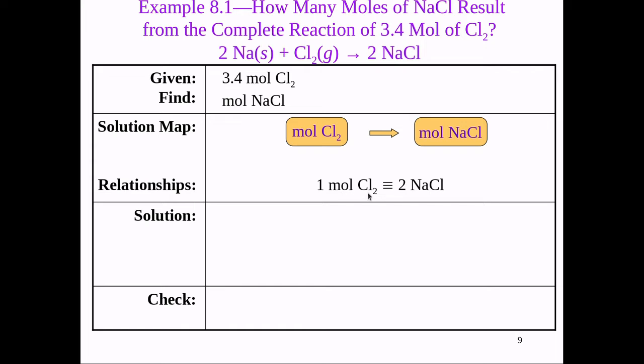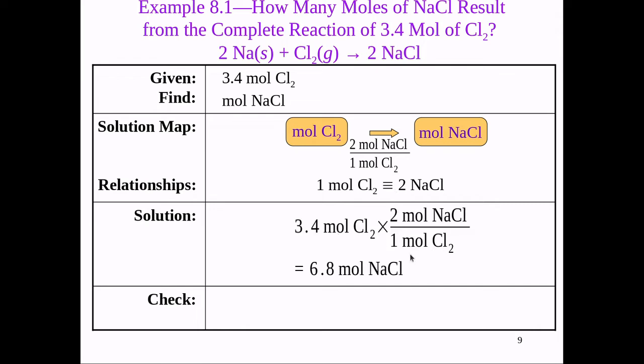So our relationship is that for every 1 mole of chlorine gas consumed, we're going to make 2 moles of sodium chloride. Again, we're going to pay attention to how we put these into our equations. We have the 2 moles of sodium chloride on top because that's what we want our answer to have the units of. We're going to put the 1 mole of chlorine gas in the denominator because that's what we're given and that's the unit that we want to get rid of.